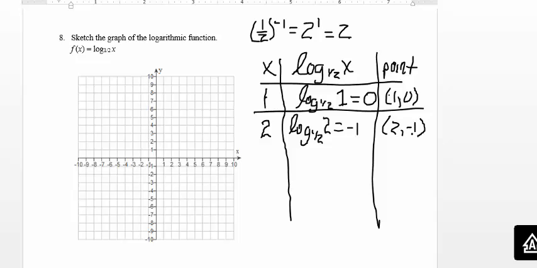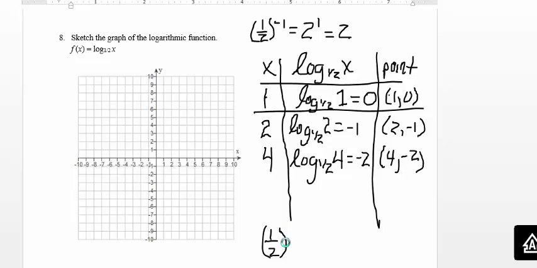Let's go ahead and pick 4 for x. So the base 1/2 log of 4 is -2. And again, that's because 1/2 to the -2 is the same as 2 squared, which is 4.